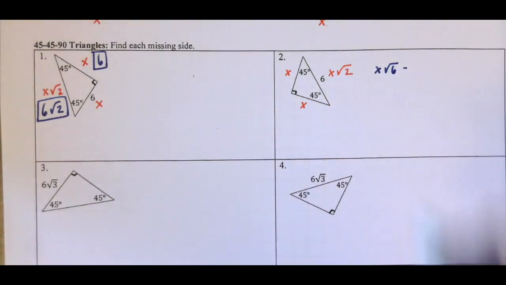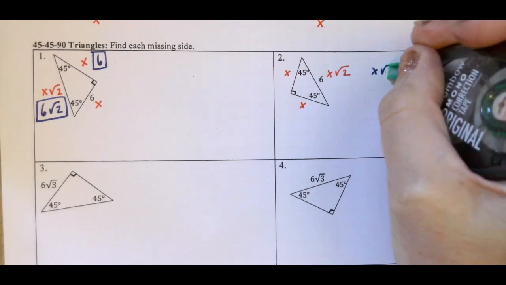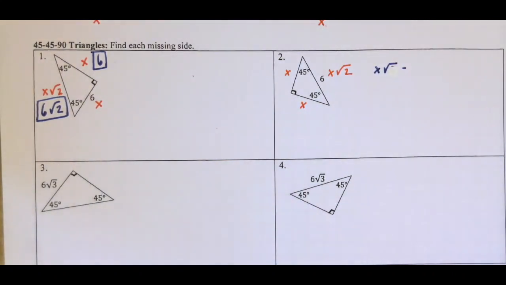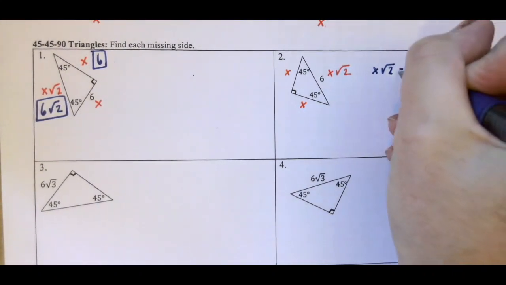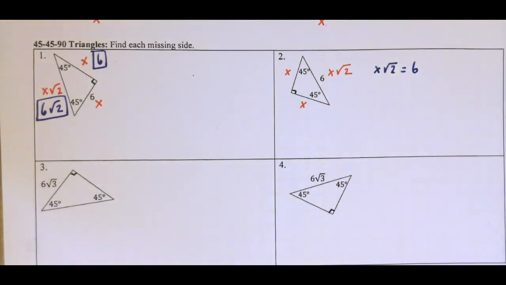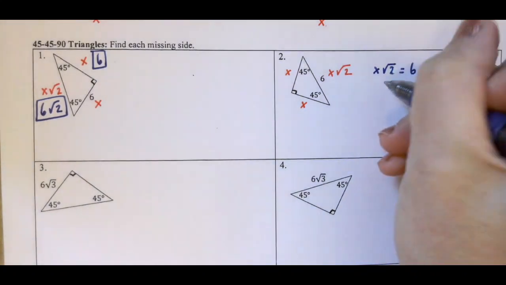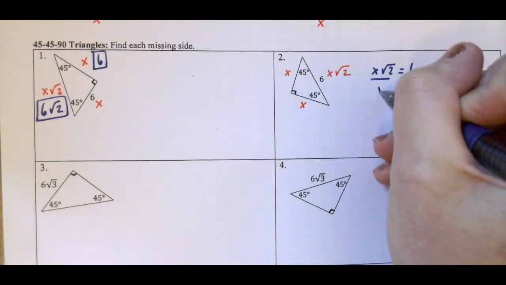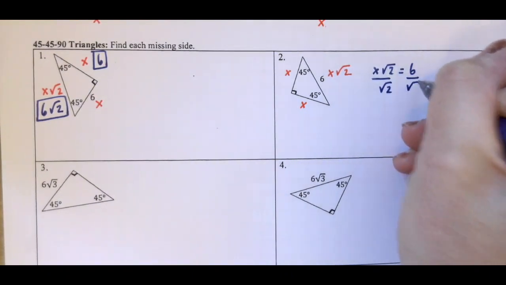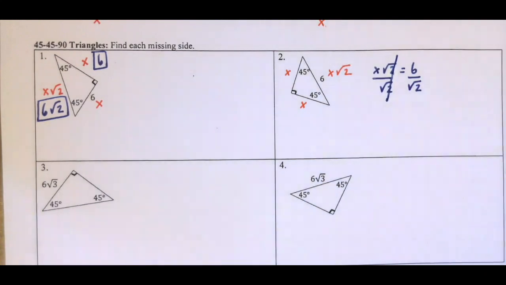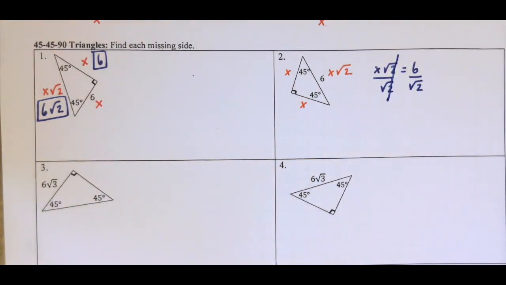Let me write that clearly. Okay, so x root 2 is equal to 6, and I want to solve for x. So I'm going to divide each side by the square root of 2. Right, so it's now 6 divided by square root of 2.